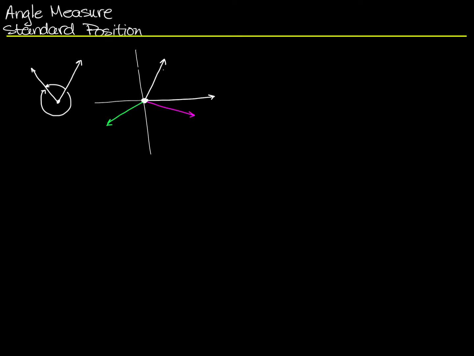But if we always set this up so that the initial ray is along the positive x-axis, we say that the angle is in standard position. This is not the only place in mathematics where this is common.